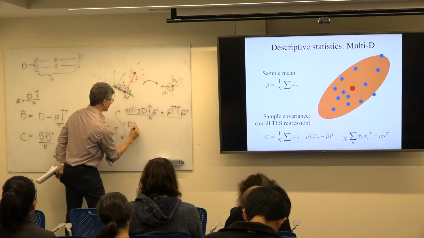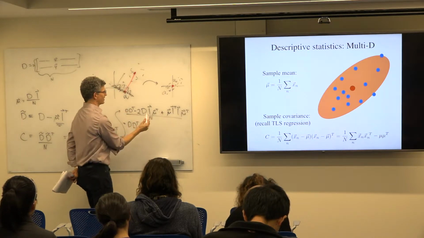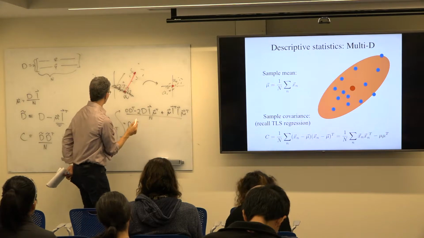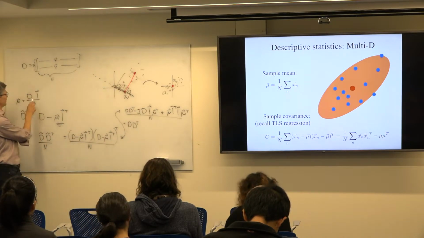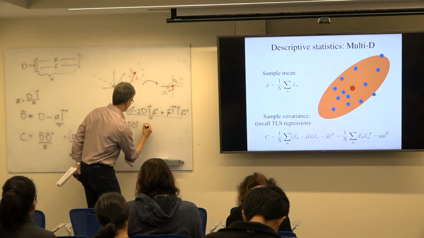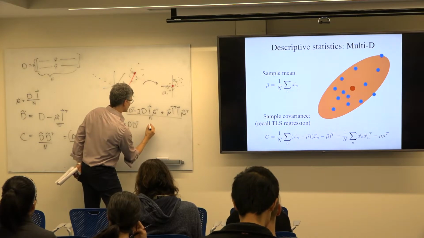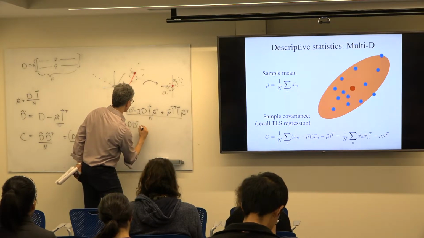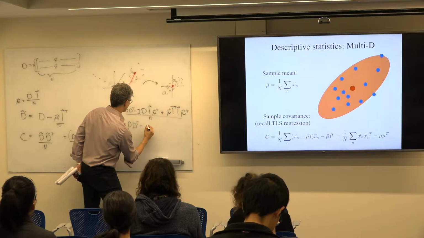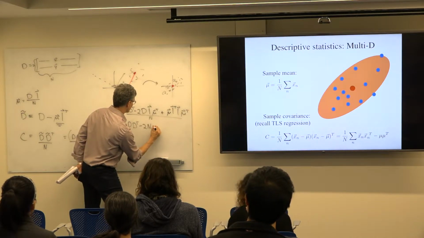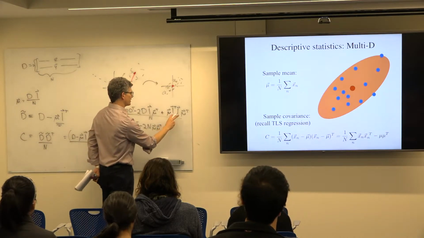So I have a d transpose. I'm going to replace this d1 with a mu. It's actually n times mu. So minus 2n times mu transpose.